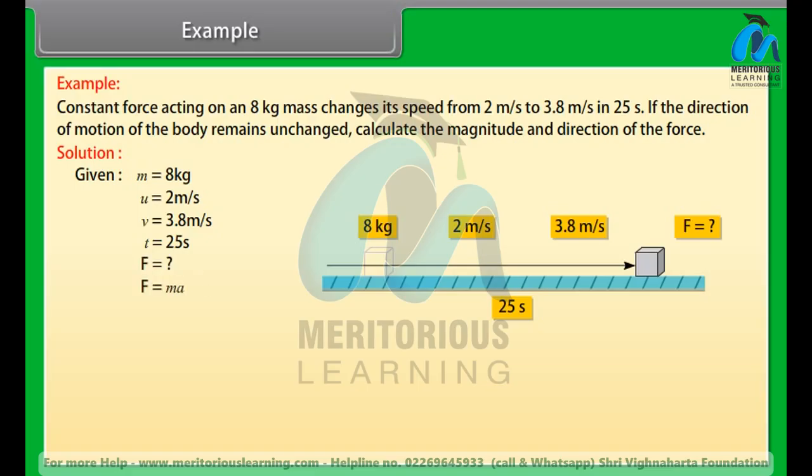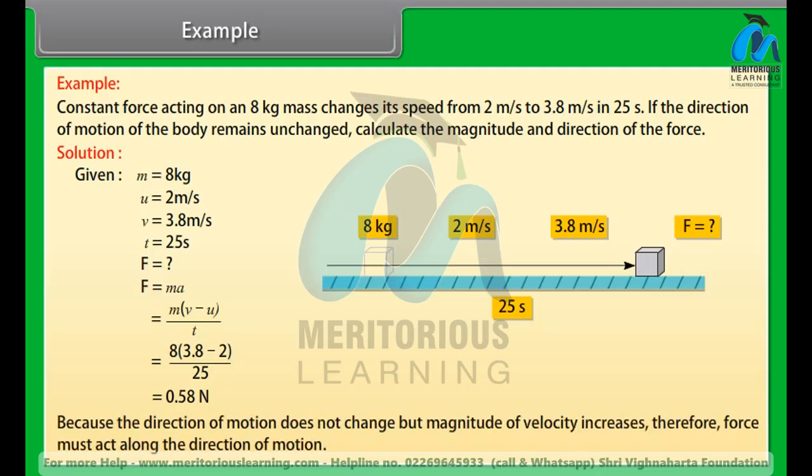F is equal to ma, which is equal to m into (v minus u) divided by t, which is equal to 8 into (3.8 minus 2) upon 25. Force is equal to 0.58 Newton. Because the direction of motion does not change but the magnitude of velocity increases, therefore the force must act along the direction of motion.